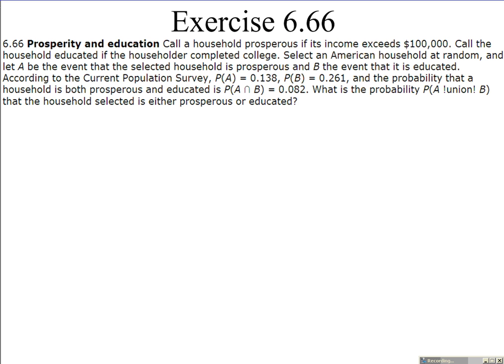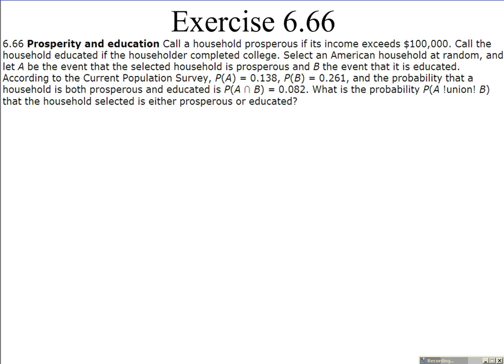Looking at our first example here. Call a household prosperous if its net income exceeds $100,000. Call the household educated if the householder completed college. Select an American household at random and let A be the event that the selected household is prosperous, B be the event that it is educated.